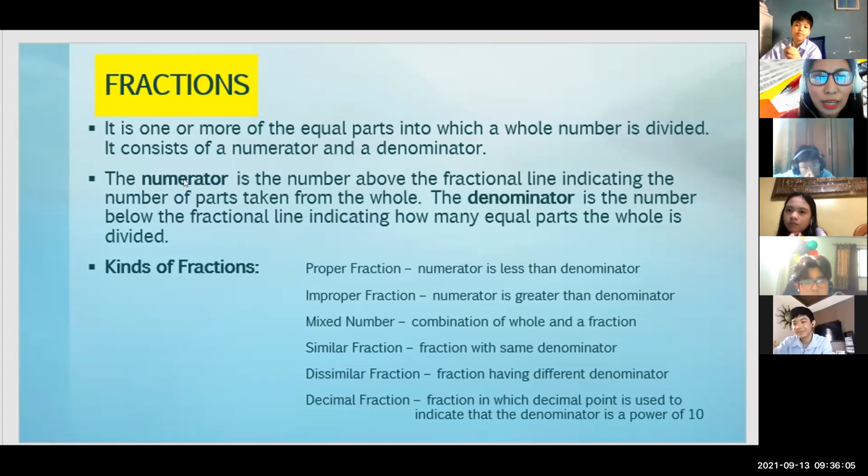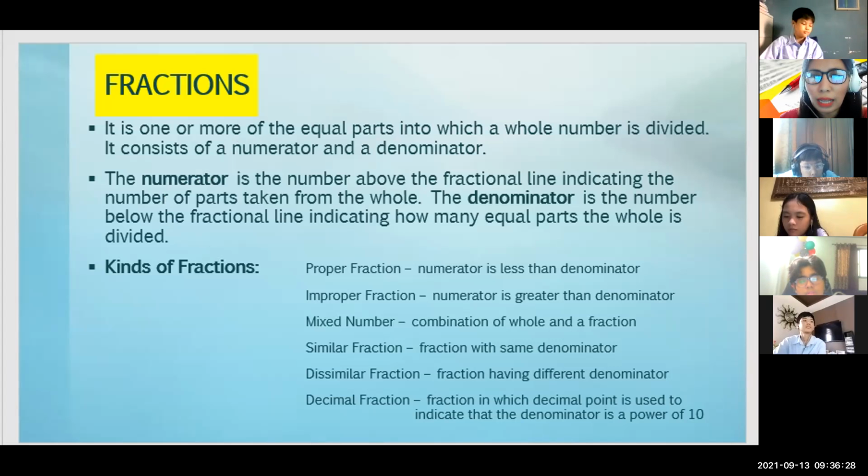The numerator is the number above the fractional line indicating the number of parts taken from the whole. The denominator is the number below the fractional line indicating how many equal parts the whole is divided.